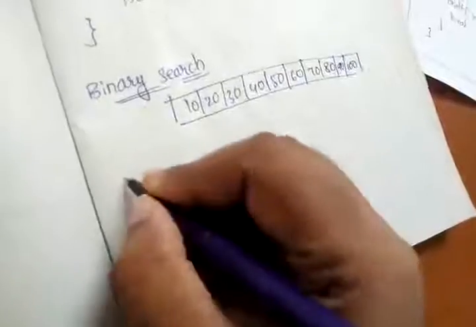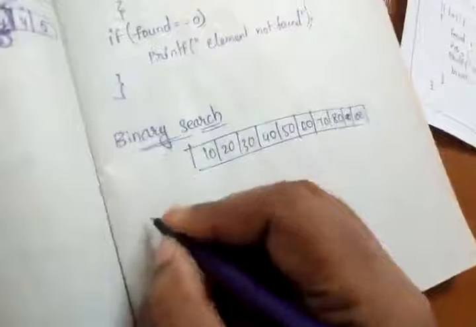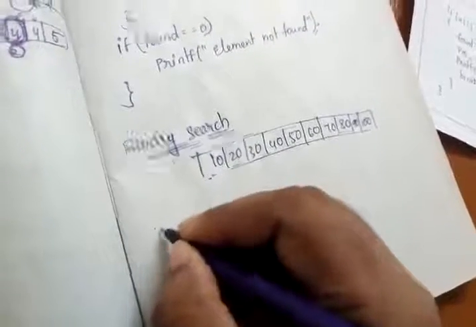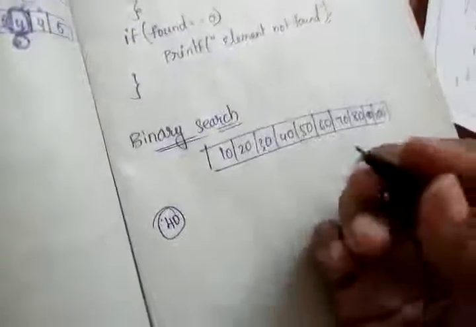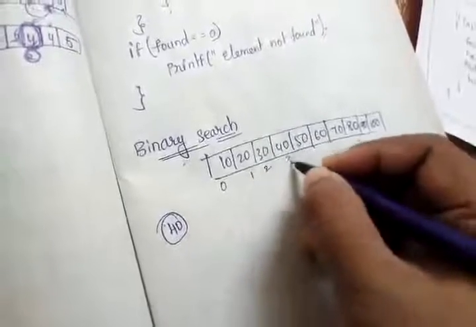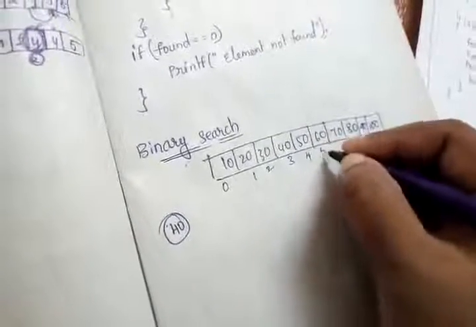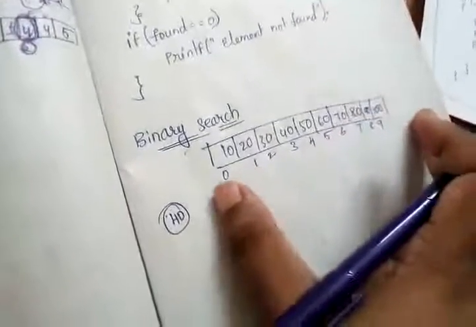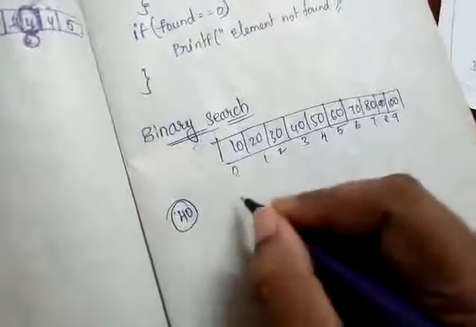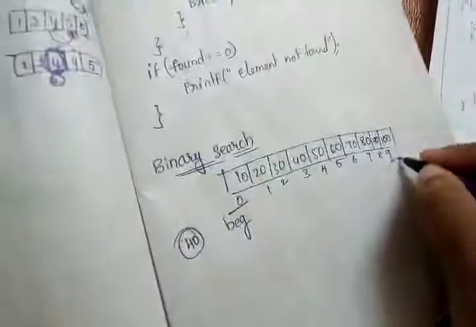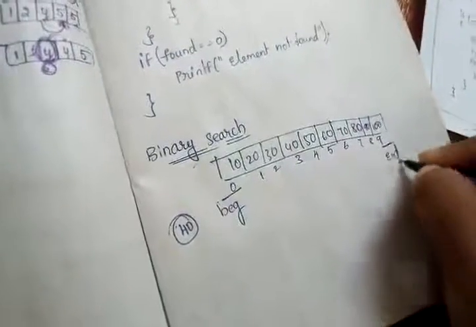Let us consider the element we need to search is, say for example, 40. We'll make the array into two halves. How we'll make the array into two equal halves is, this will be your beginning index and this will be your end index.